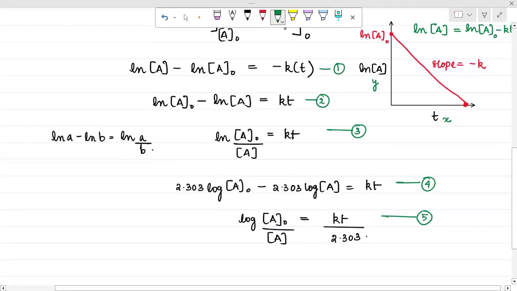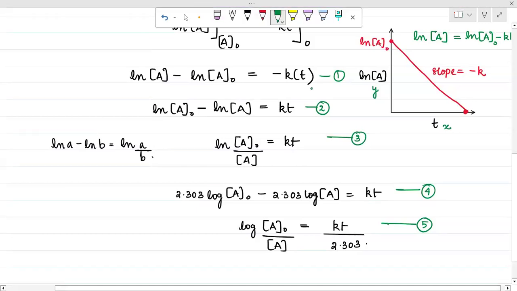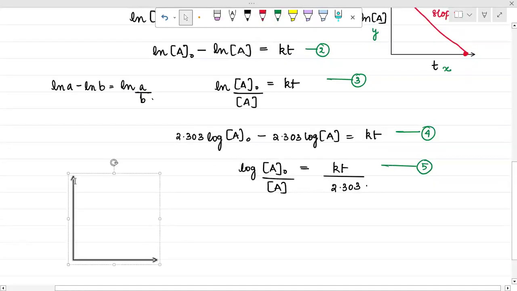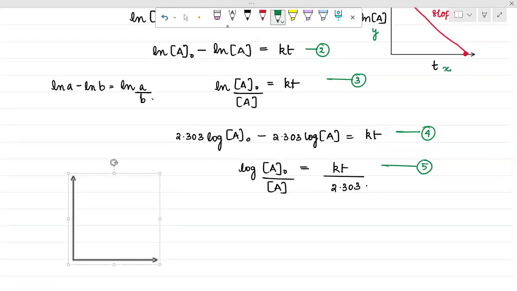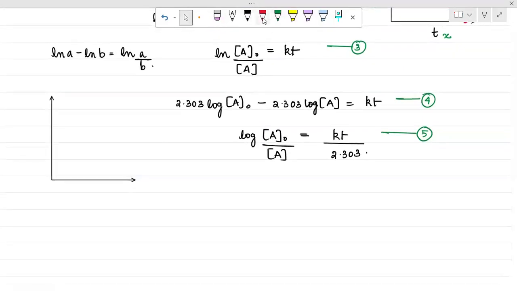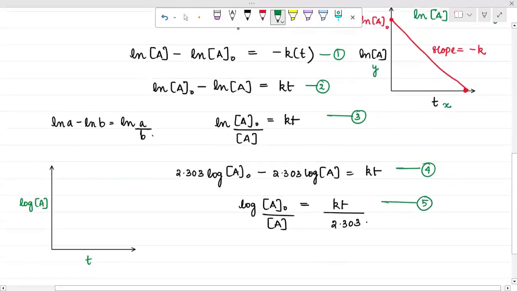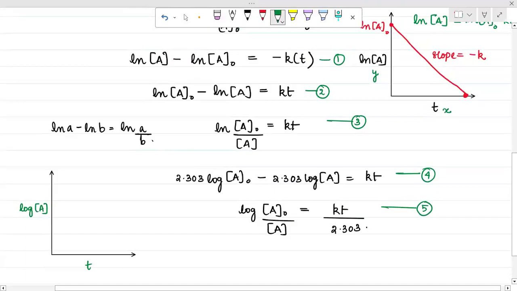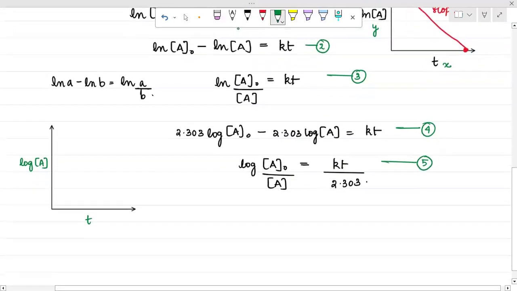Be careful. Let's say that I want to plot a graph between log of A versus t, from equation 4. So earlier what we did was ln, which is natural logarithm. Here what I'm writing is log.